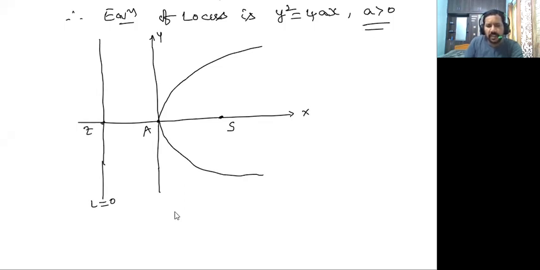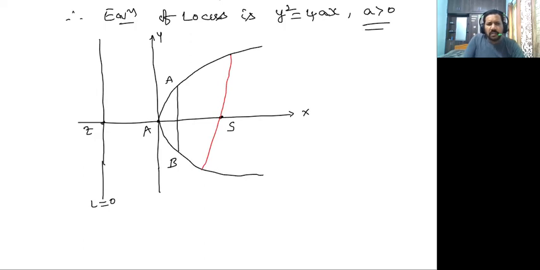This is S. Now the line joining two points on the curve is called a chord. This is point A. This is point P. Now, the chord passing through the focus is called a focal chord. This is the focal chord.